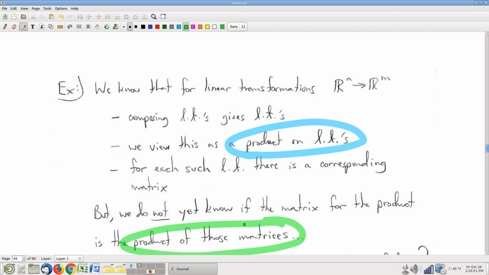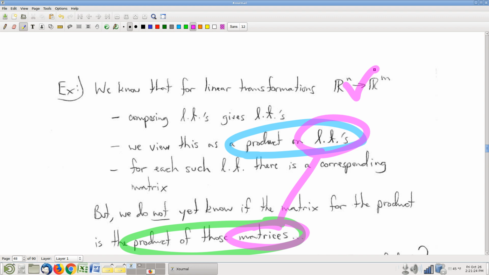Here's our problem, though. We now have this very strong connection. We now have this point of view that linear transformations and matrices are really kind of the same thing, at least if you're talking about from Rn to Rm. So now, instead of having two completely different products on completely different objects, so who cares? Now we have two completely different products on ultimately the same things. And this is scary, right? So we have to worry, do we now have actually two different kinds of multiplication?